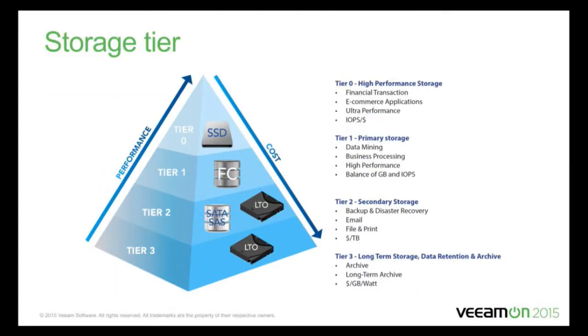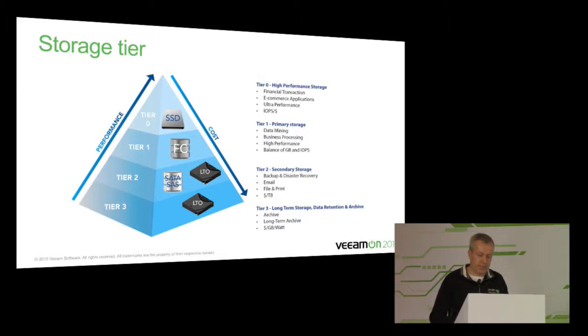Mostly we are talking about different types of storage rather than a common pyramid, because we can have SSD or flash. We can have different types of disks. In this case, we see Fibre Channel, but it is an old schema.